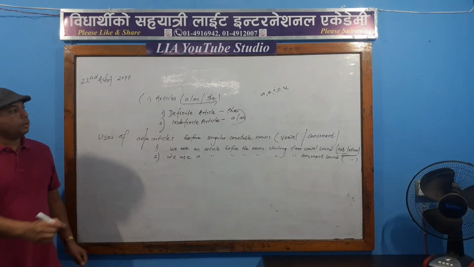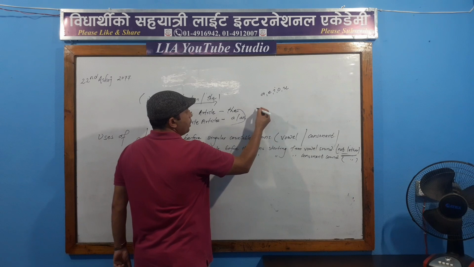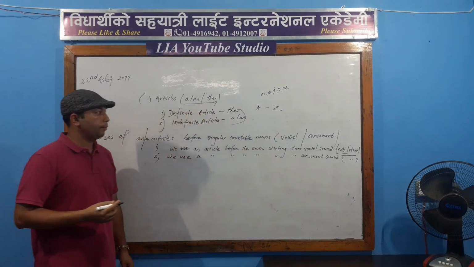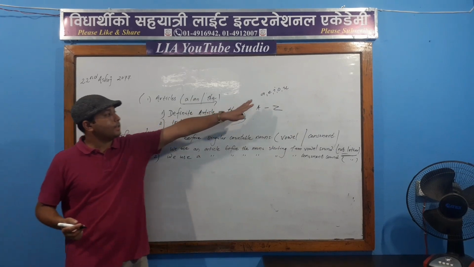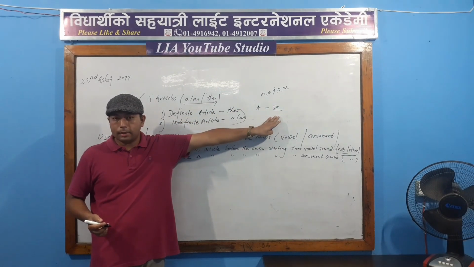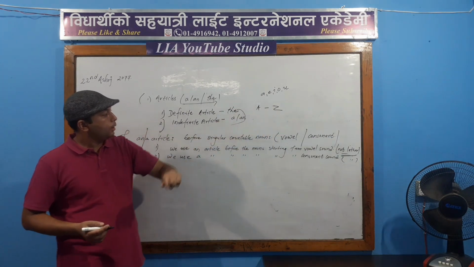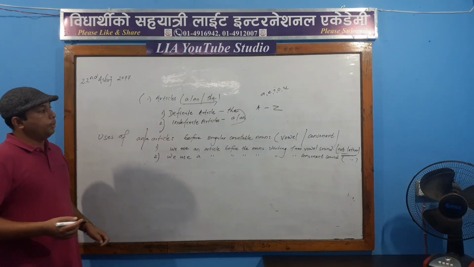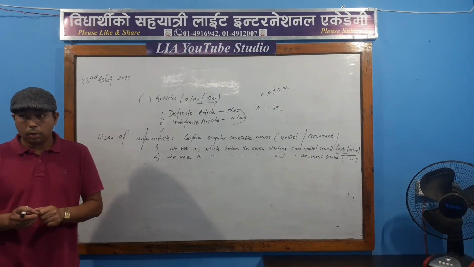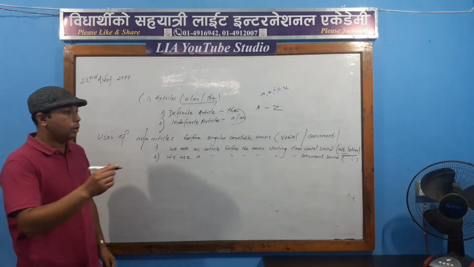Now, among A to Z, five letters are vowels and the remaining ones are consonants. But we will not go through letters, we will go through sounds. To know what the sounds are, you have to know.